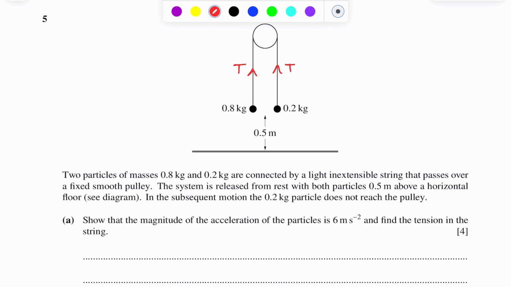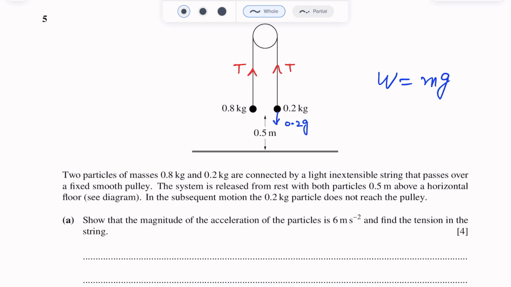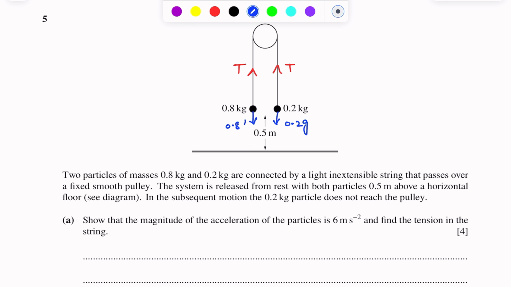Now weight acts vertically downward. The weight of the 0.2 kg mass is 0.2 g, where g is the acceleration due to gravity, since W is equal to mg. The weight of the 0.8 kg mass is 0.8 g.